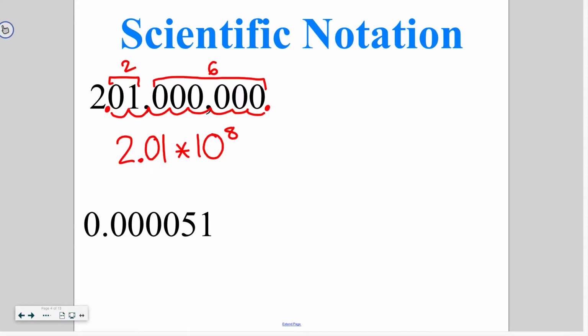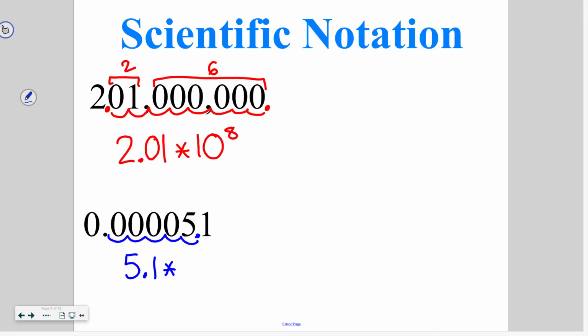Now, if we're looking at this smaller number down here, 0.0000051, again, we want to put our decimal place in somewhere that's going to get us between 1 and 10. So now, my decimal is 5.1. I need to, again, count how many places it was. So I've got 1, 2, 3, 4, 5 places that I moved it.